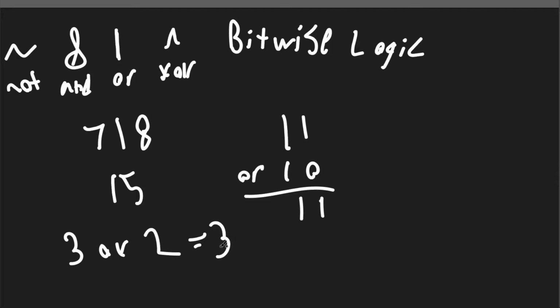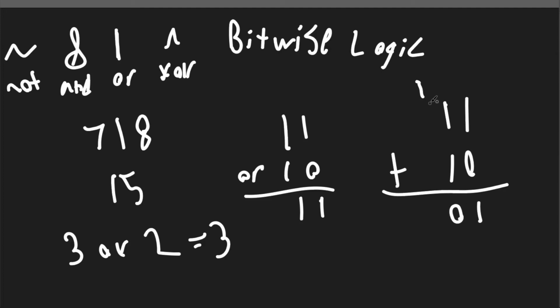You don't carry unless you're doing binary addition or subtraction. And in binary addition, you'll have 3 and 2, and you'll do 3 plus 2. Since 1 plus 0 equals 1, you put it down there. 1 plus 1, since you can't have a 2 in binary, you'll put a carry over here, and you'll put a 0 here.